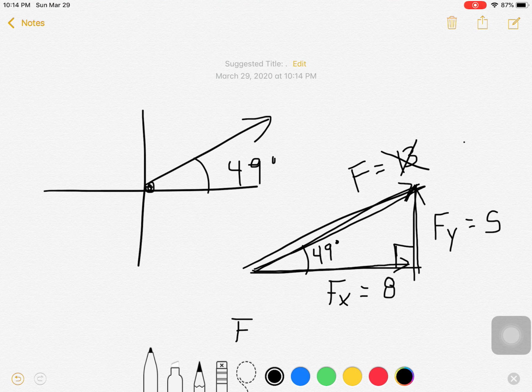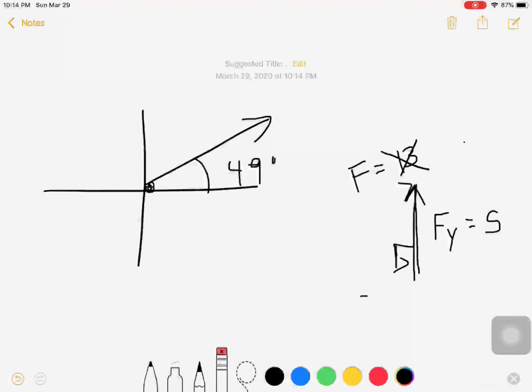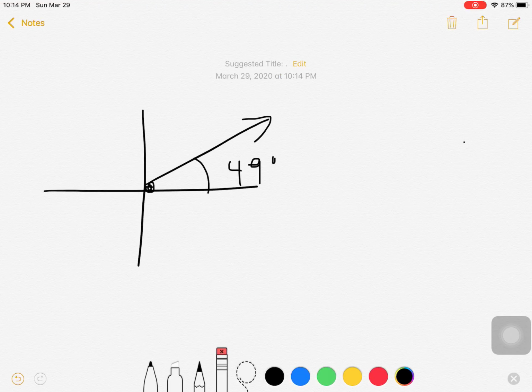So our force would actually be the square root of 8 squared plus 5 squared, whatever that ends up being. So we have to remember that we cannot just add together the x and y components to get our overall vector force, that we have to use the Pythagorean theorem to actually recompose it. So let's erase that and move on.